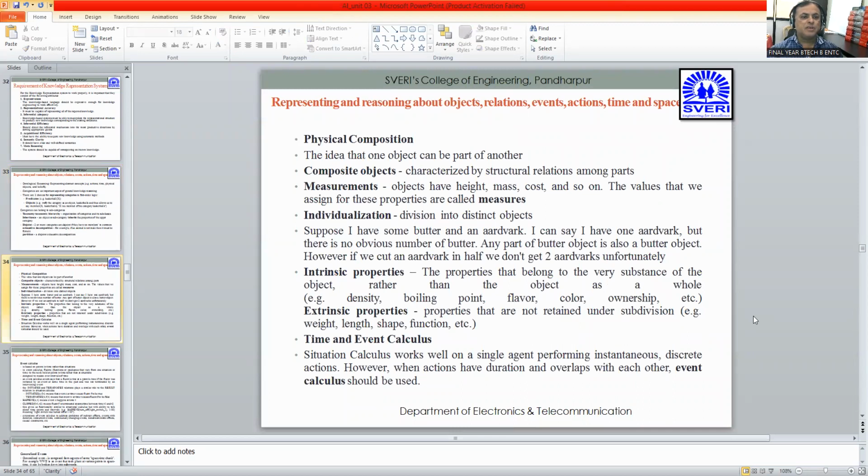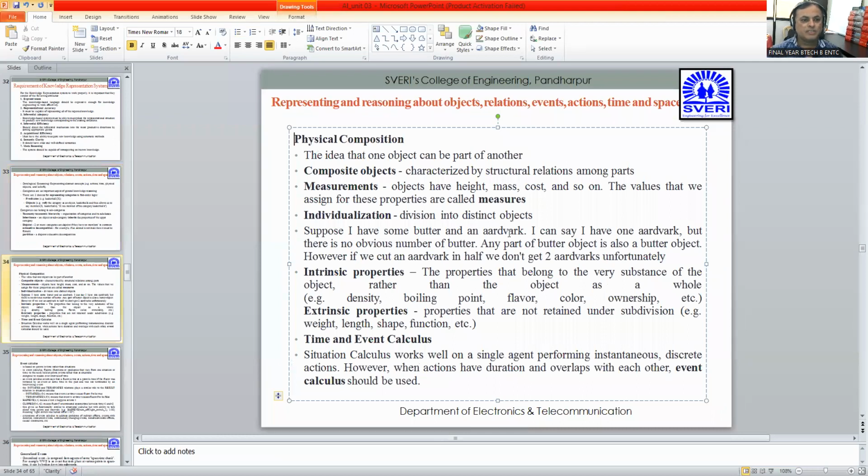Then comes physical decomposition, the idea that one object can be part of another. This is called the physical decomposition. So the idea that one object could be the part of another object means there are two objects. If two objects are separate, then we can say that they are two objects. But sometimes there may be a category where one object could be a part of another one.